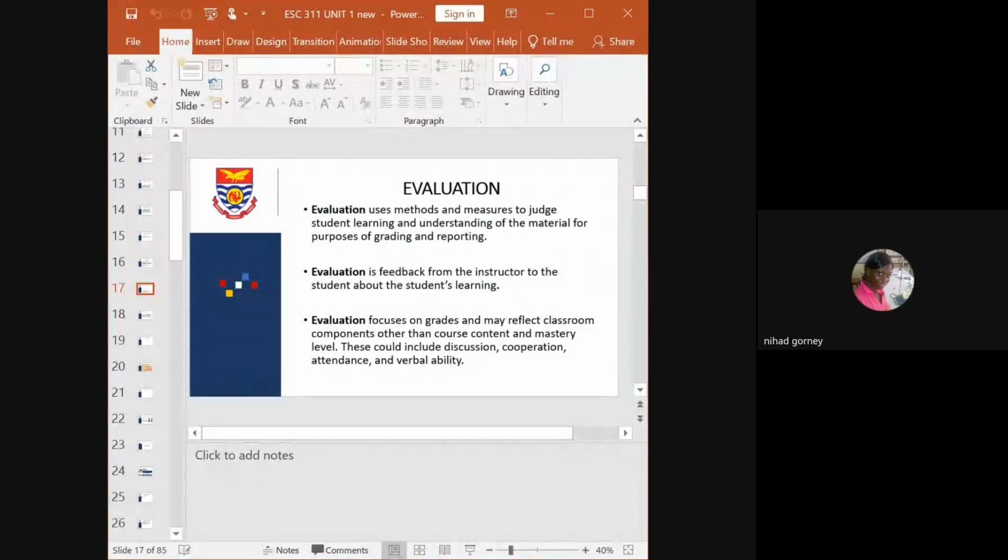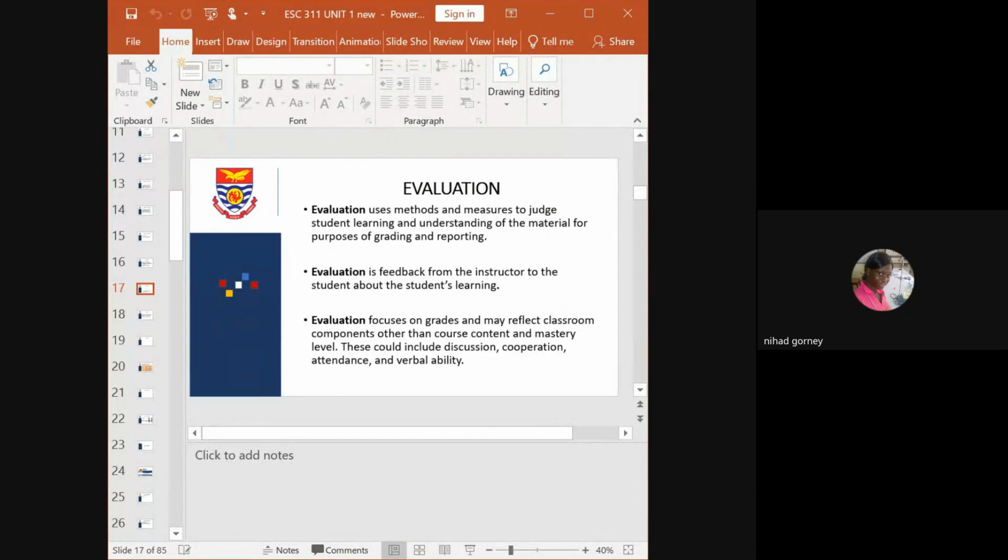Then after looking at the score, you make a judgment and give the student feedback. I think one of you gave that suggestion. Some students got low marks, but you know inherently that the student has done well, looking at his previous performance. So you looking at the score, making a judgment and giving feedback is what we call evaluation.